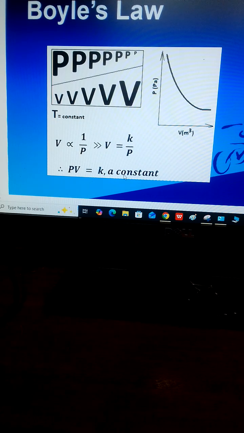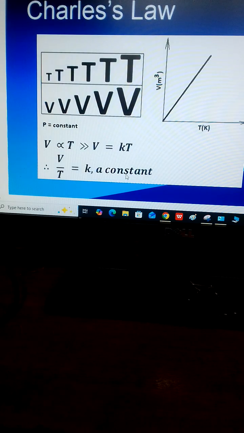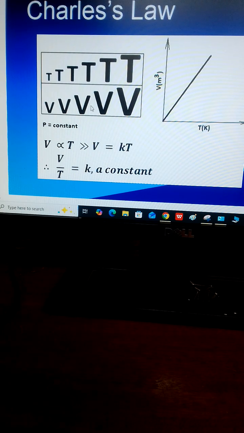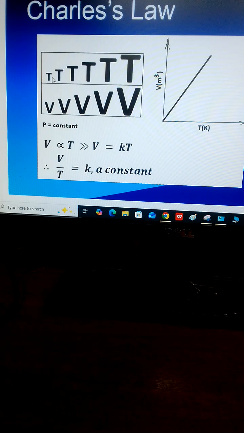Next is Charles' law, which says that the volume of a gas is directly proportional to its absolute temperature at constant pressure. So in this case, we can see that as volume increases, we see temperature also increasing. So this is direct variation. When one variable increases, the other variable increases.